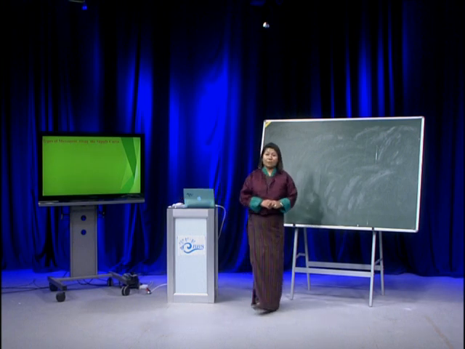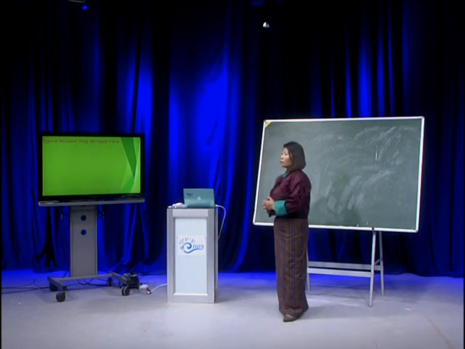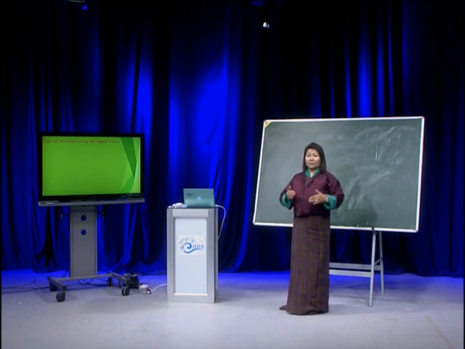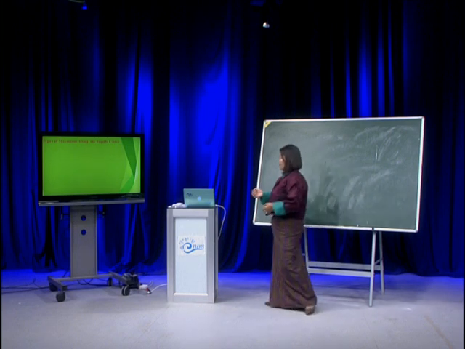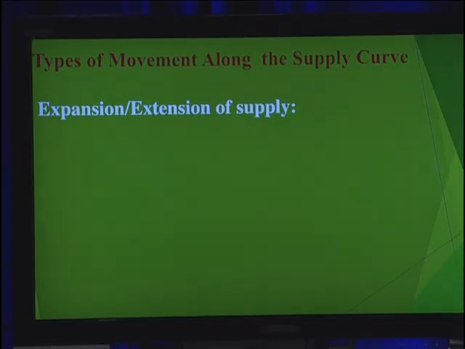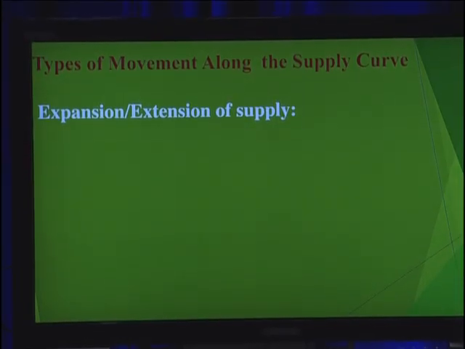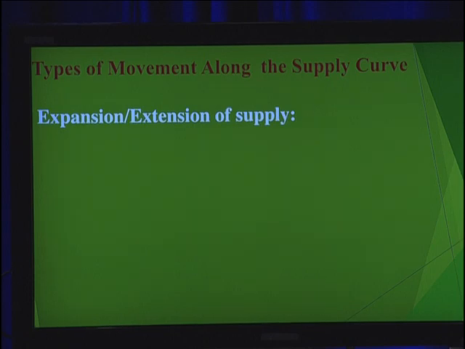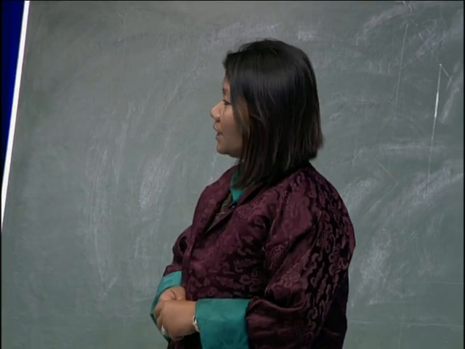Now, there are 2 types of movements along the supply curve, and we're going to look into the movements in detail. The first one is expansion or extension of supply. Before we move further with the meaning of expansion or extension of supply, can you guess what these words mean?